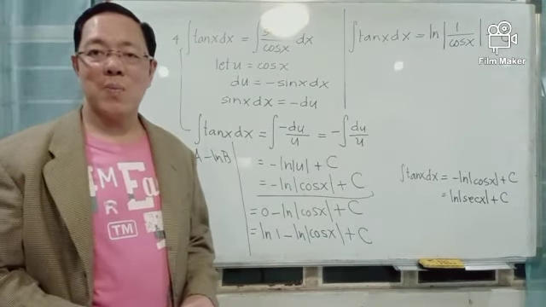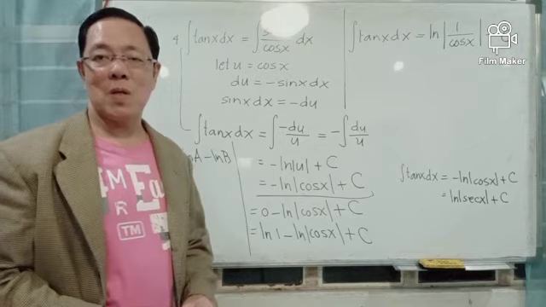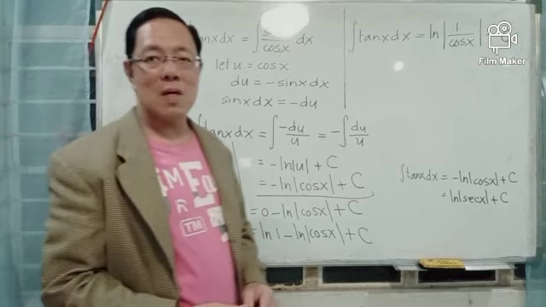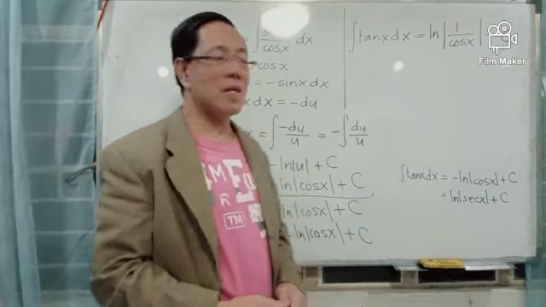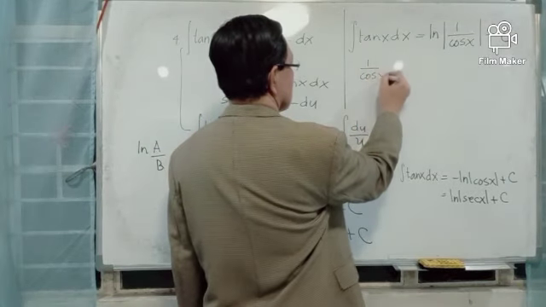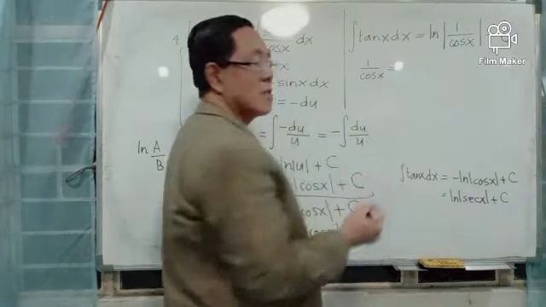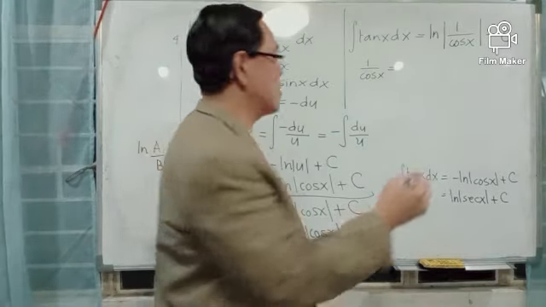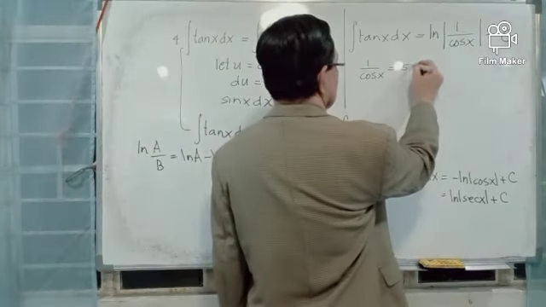And one of the reciprocal trigonometric identities says that 1 over cosine x, this is the reciprocal of cosine, is equal to secant x.